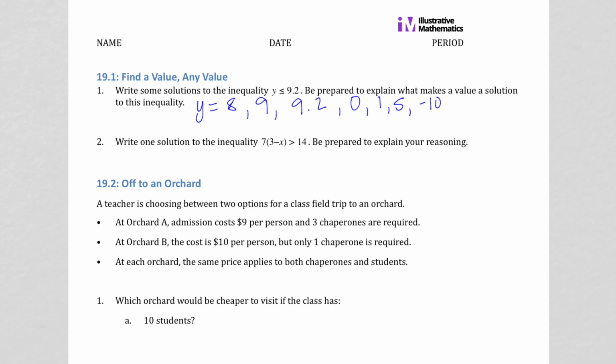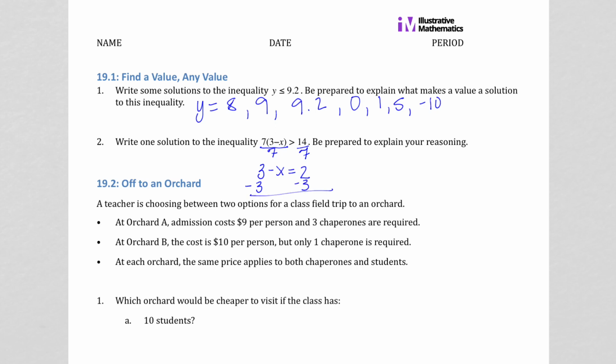All right, now we're going to write one solution to the inequality and be prepared to explain your reasoning. So, let's just solve it. If we have this, let's divide by 7 here. So we're going to get 3 minus x equals 14 divided by 7 is 2. We're going to subtract 3 from both sides.